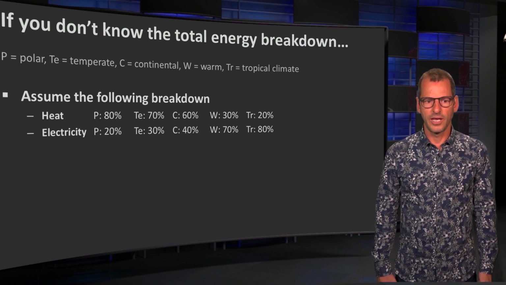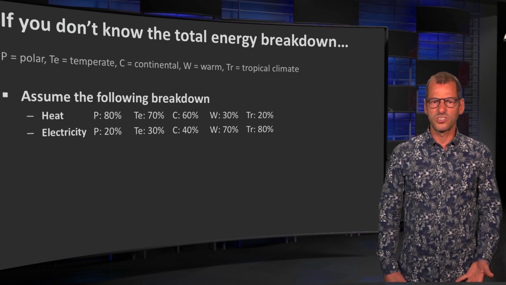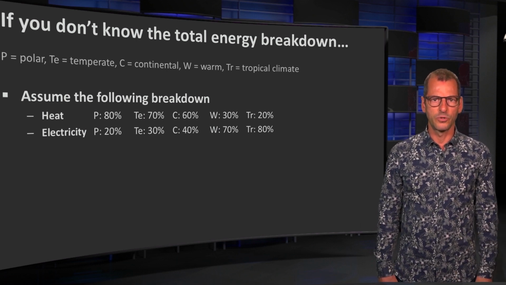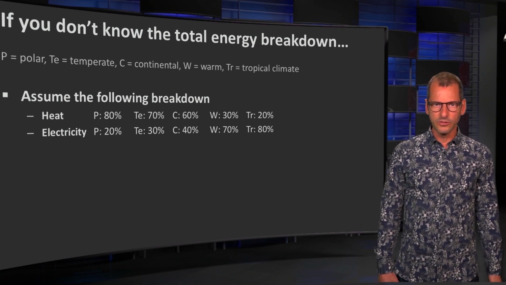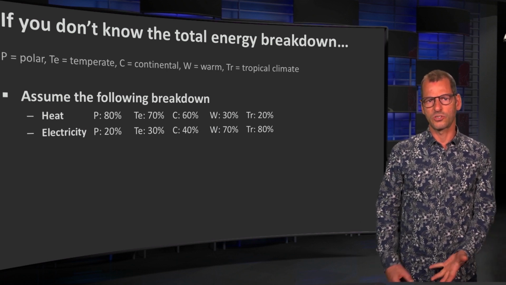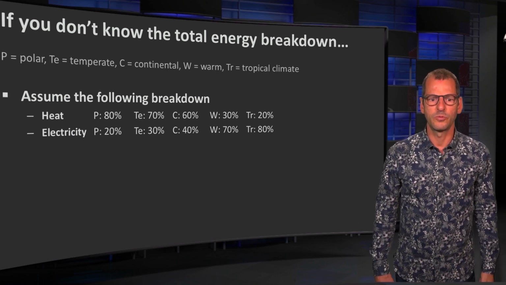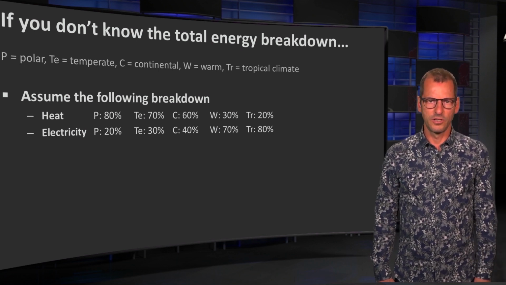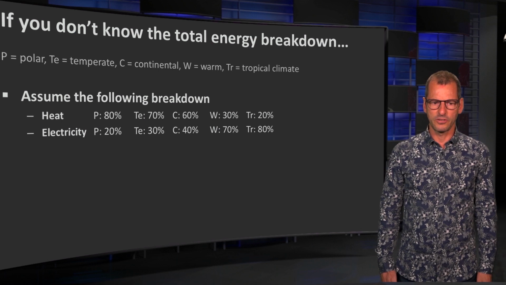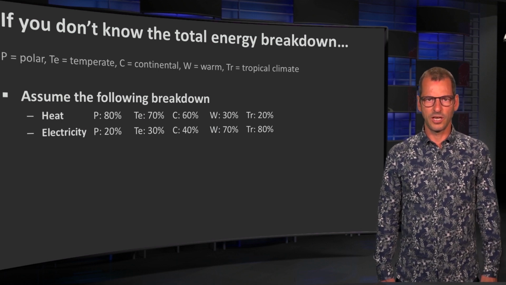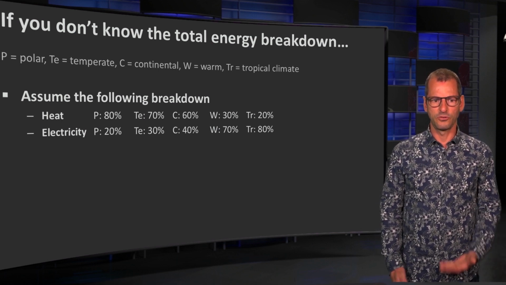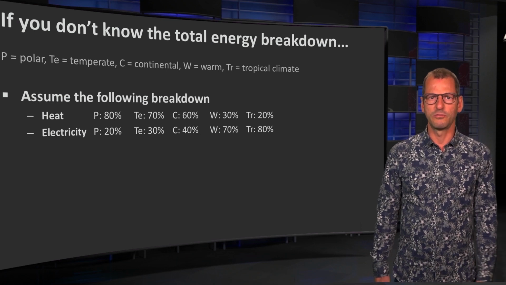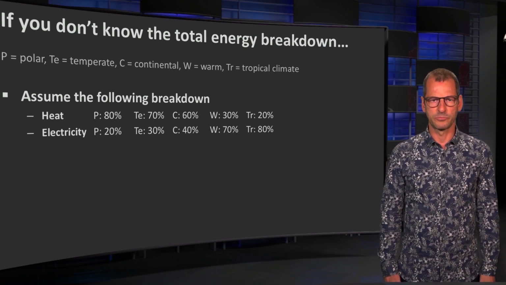So if you have a polar climate, which is a cold climate, colder than temperate, you have a temperate climate, a continental climate, a warm climate, which is also perhaps a Mediterranean climate, and then you have a tropical climate, then you see that you could divide the demand for energy for heat or electricity according to this graph. So use that to have a sort of an idea of the division between heat and electricity.